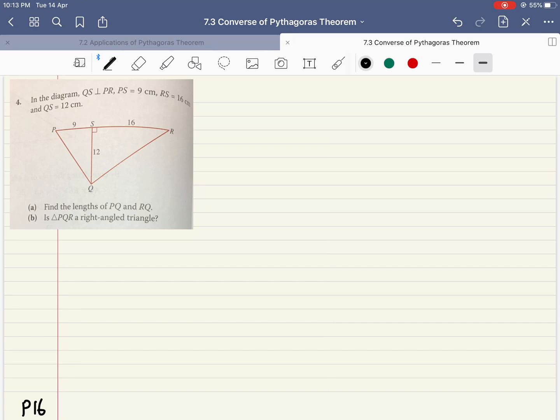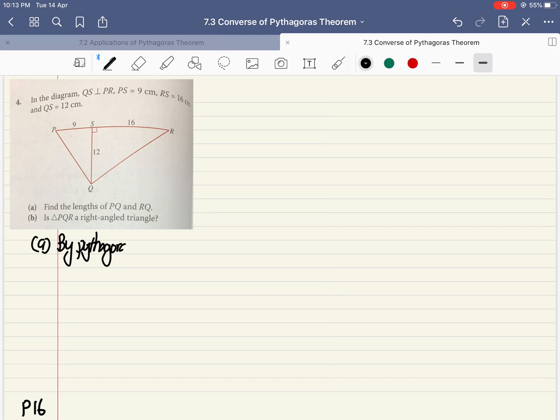Now I'm going on to question 4 of exercise 7.3. If you can just pause the video, turn to page 16 of your textbook. For this, find the lengths of PQ and RQ. First and foremost, I'll just very quickly do this. I may not want to talk so much about this.